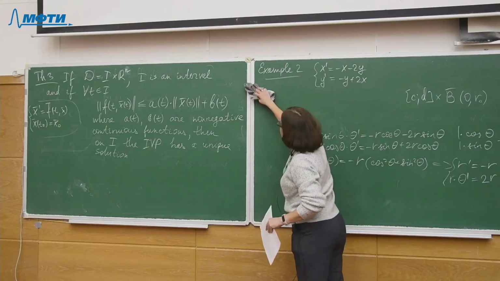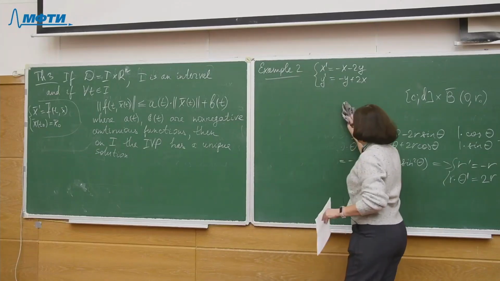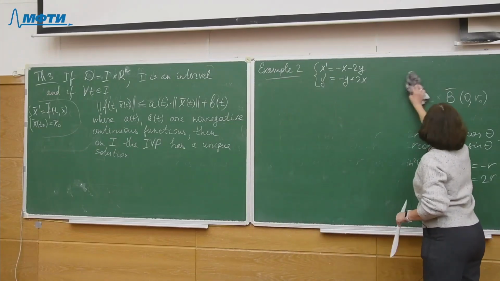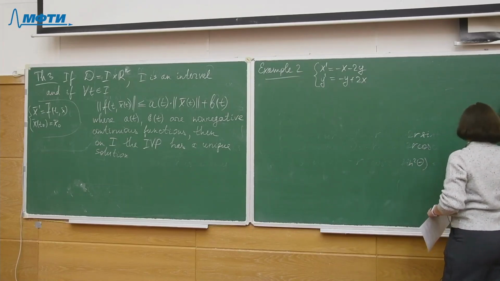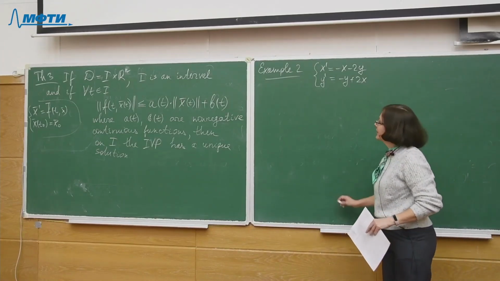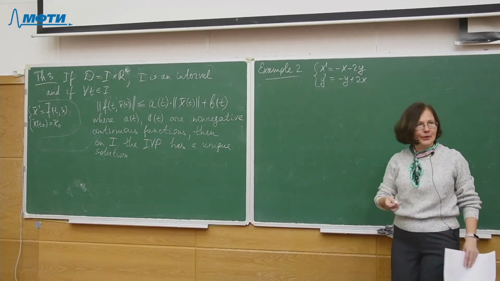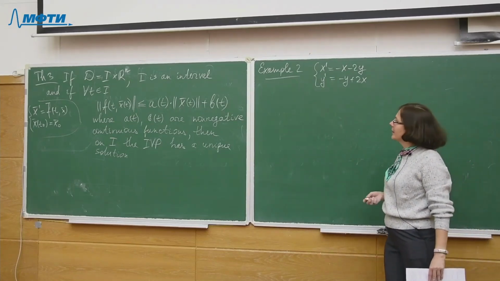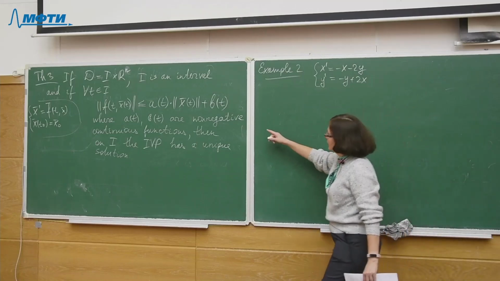Maybe I will do the following. Maybe I will not prove the theorem then. I will show how it can be applied in this example. Let's apply it here. Let's check this inequality.